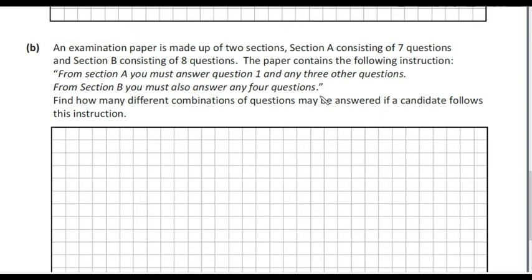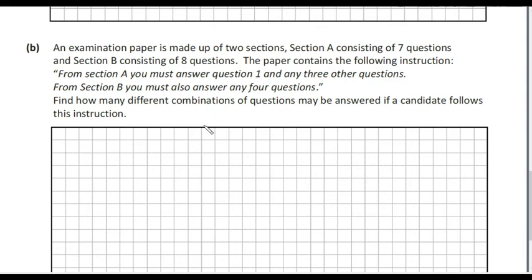But if you just decided to choose 1, 7, 5 and 4, that's the same choice as 1, 4, 5 and 7, so the order doesn't matter. That's why the word combinations is key here. So it's going to be N choose R rather than NPR here.